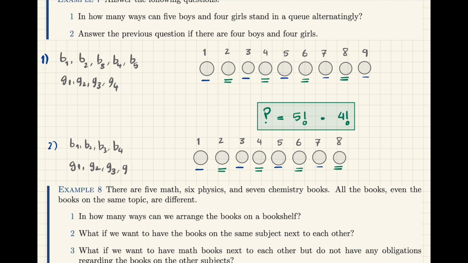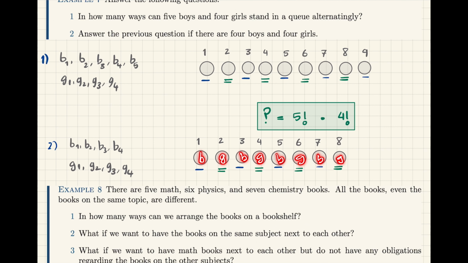And I want to do the same problem. I want to arrange them in a queue so that they are standing alternatingly. But this time I have 2 options, yes? Either I can start with a boy, girl, boy, girl and so on. This is possible. These are 4 boys and 4 girls standing alternatingly.